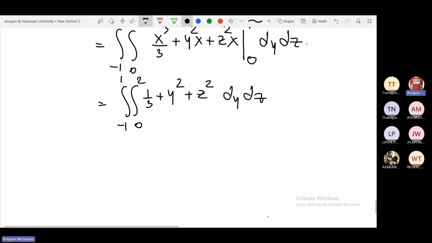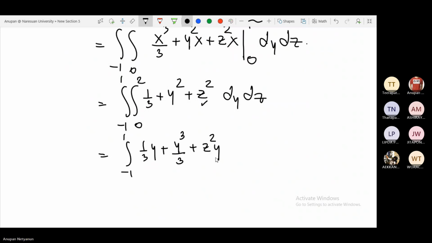Now the integral with respect to y. The z squared term is a constant. So the integral of 1/3 is 1/3 y, the integral of y squared is y cubed over 3, and the integral of the constant z squared with respect to y is z squared y.